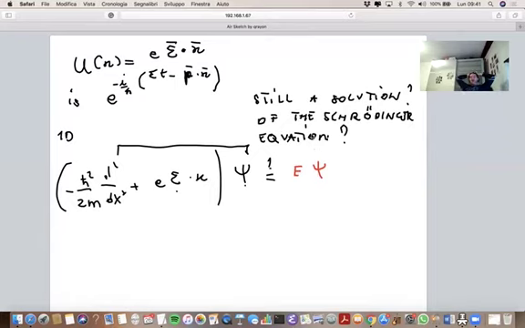In general, a central problem in quantum mechanics will be finding the solution of the Schrodinger equation for physical systems that are more complicated than just freely propagating particles. Remember, a physical system is entirely determined by its Hamiltonian. So in the case of the free Hamiltonian, the Schrodinger equation is trivial. But for more complicated Hamiltonians, such as this, and there will be far more complicated Hamiltonians than this, the Schrodinger equation will be far from trivial. And the largest part of this course will be devoted to finding exact or approximate solutions of the Schrodinger equation.